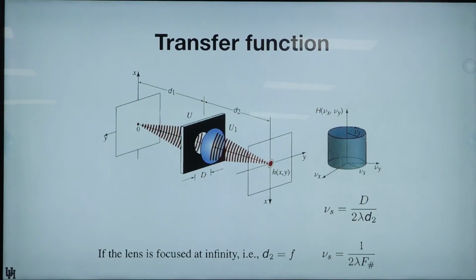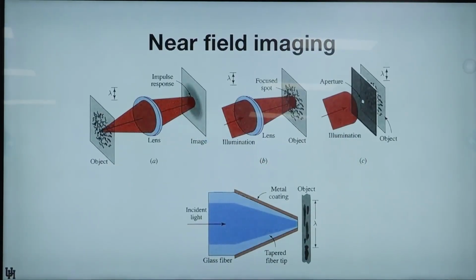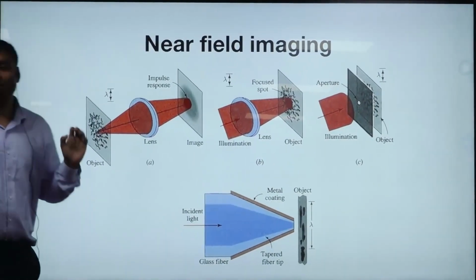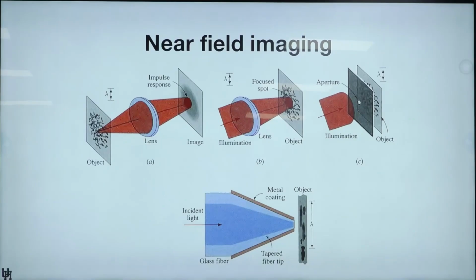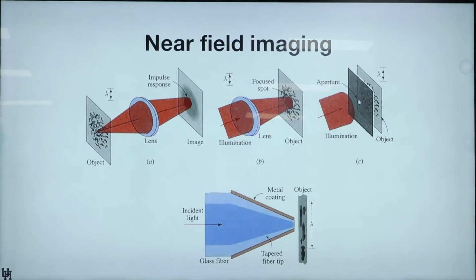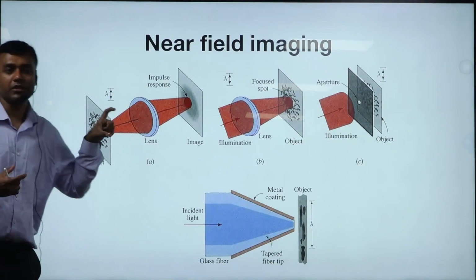Okay. Before we break, the last thing I wanted to discuss was what's called near field imaging. What I've told you so far is that with an optical imaging system, there is a limit to the resolution you can see, and that's limited by the width of the sinc function, or the aperture of your lens.